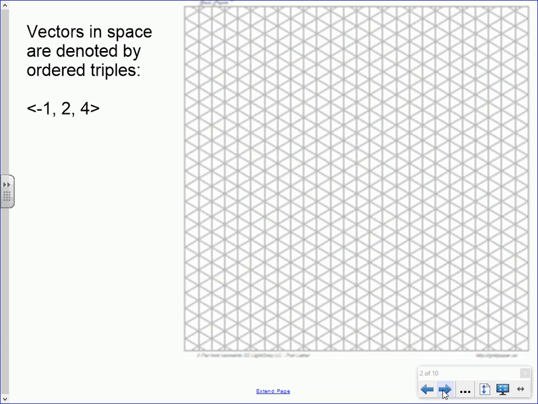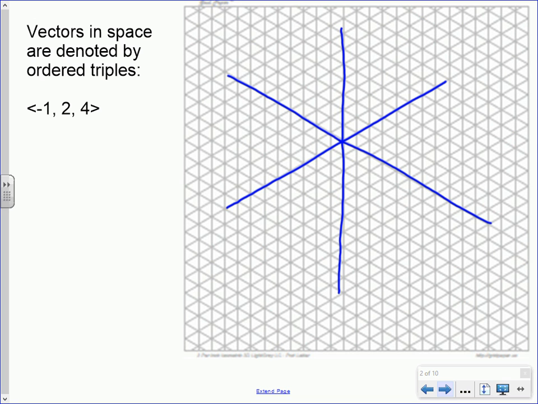All right. So let's just remember what vectors look like. Remember these chevrons is what they're called.